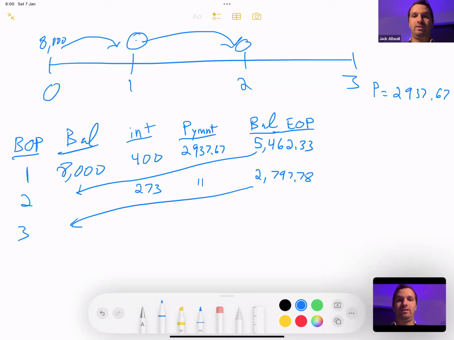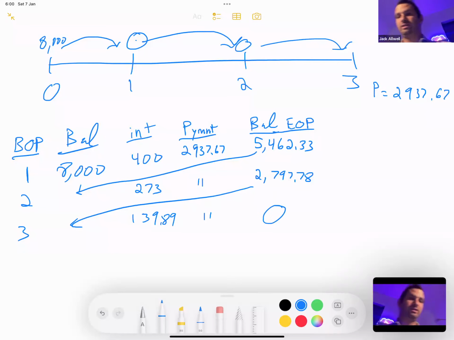So, as we're going to the end of the 3rd year, we accrue another 139 with the payment. And the payment happens to be exactly such that the end balance is 0.